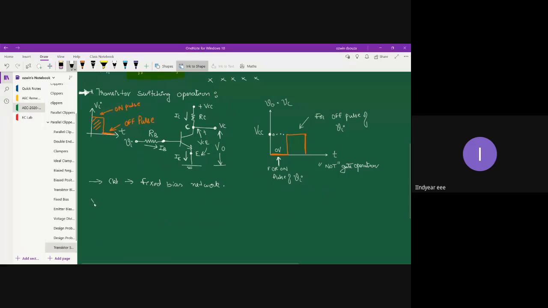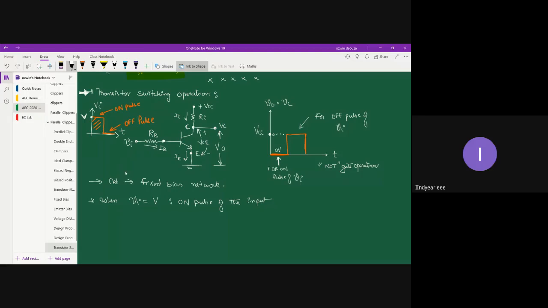First, when Vi is equal to, let's say, Vm, the maximum value of the input. When your input attains maximum value, we would say it is the on pulse of the input.